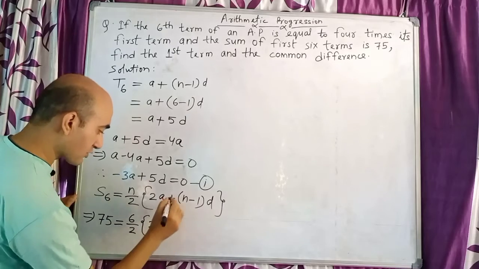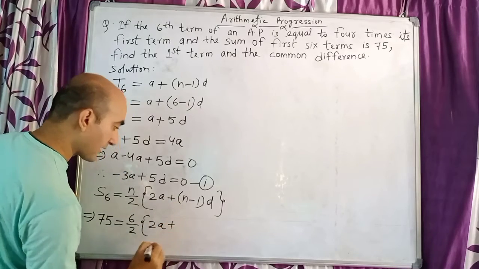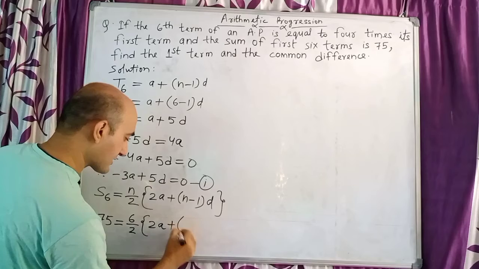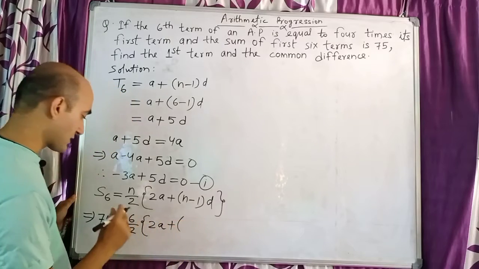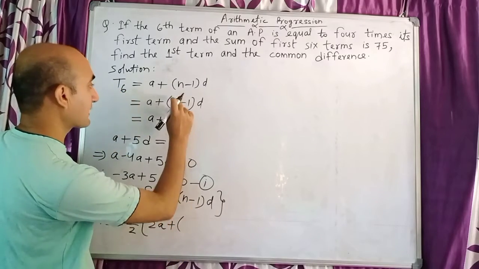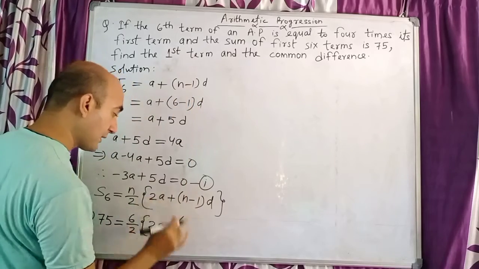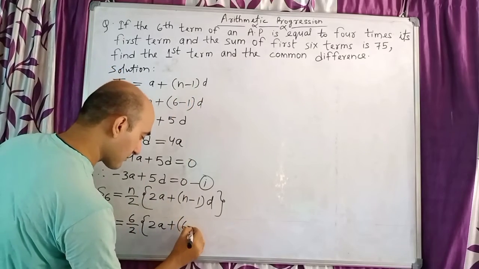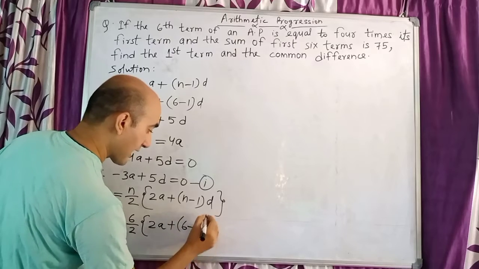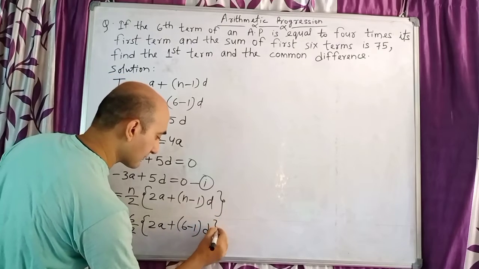Rest like A value is not given, write same, plus n again here you write 6, because 6 terms. That was a matter of 6 terms, this is also a matter of 6 terms, but that is term, this is sum. 6 minus 1, and my D is D only.